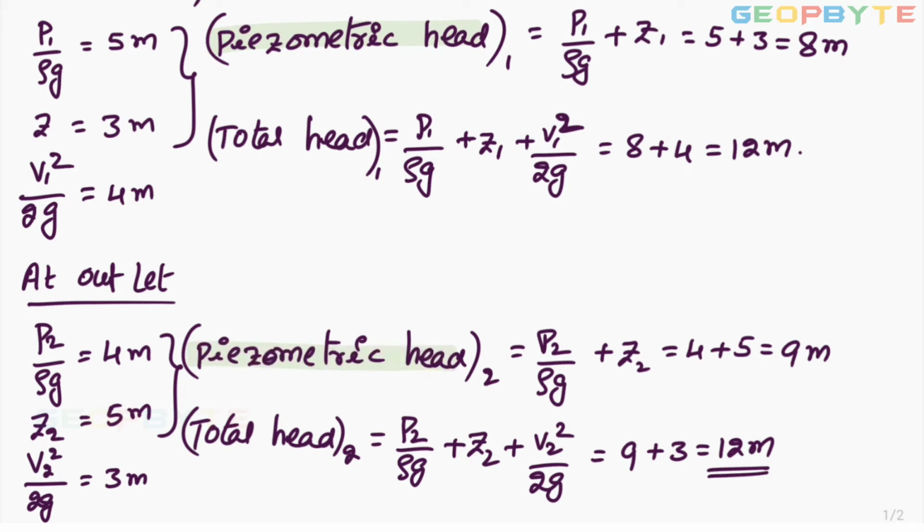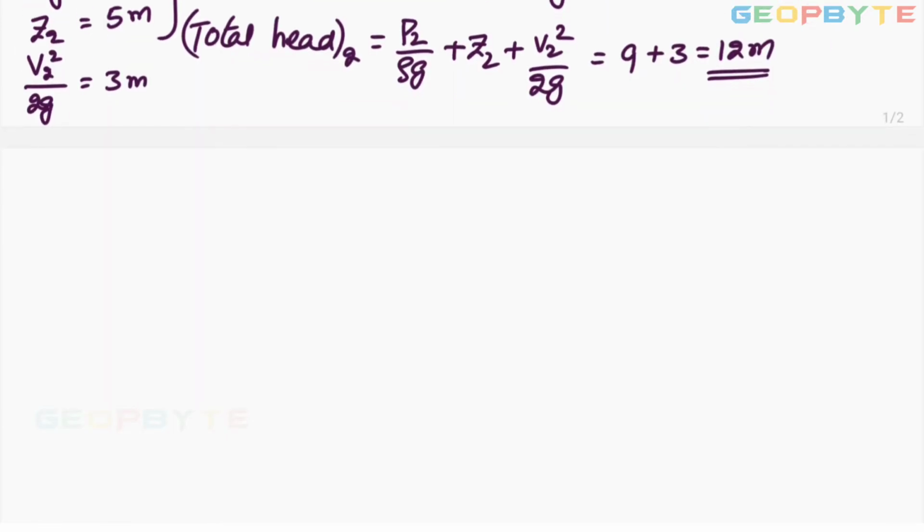So with that information, let me construct the HGL, hydraulic gradient line, first. Let me write once again the piezometric head at the entrance. How much? 8 meters.